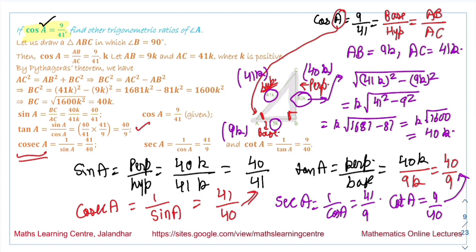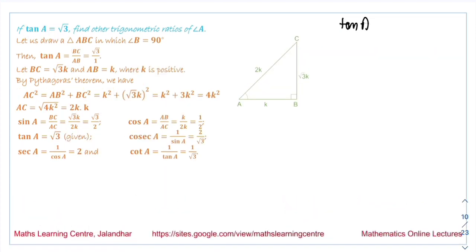Now the next one is, if tan A is equal to root 3. We are saying this is the triangle ABC. This angle is A. It means this is the base, the side opposite to the right angle is the hypotenuse, and this is the perpendicular.